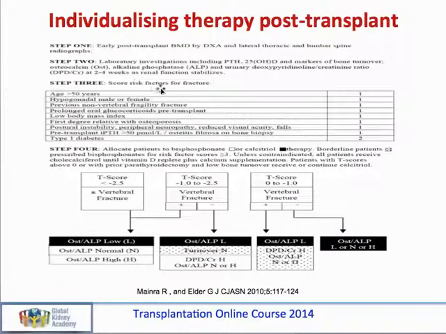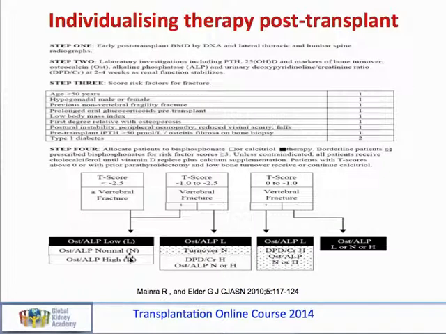And then once they've had a sort of risk number attached to them, you then look at the data and look at their T-scores, you look at whether they've got vertebral fracture or not, and then decide whether you're going to just give them vitamin D, calcitriol, that's in black, or whether you're going to try giving them a bisphosphonate.